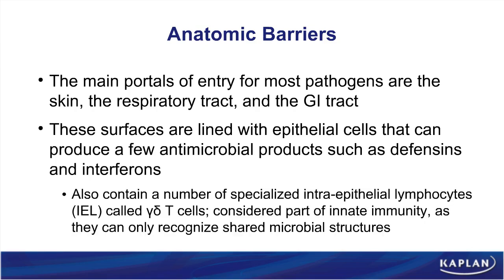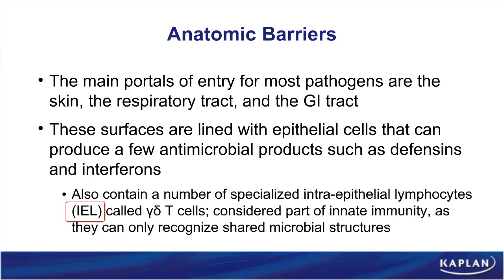There are also some unique T cells that we call intraepithelial lymphocytes or gamma delta T cells. These are sort of a smaller subset of T cells. They're actually considered part of the innate immune system because they don't have quite the extensive diversity that our alpha beta T cells do. They also can develop extrathymically, so they're really sort of completely different.